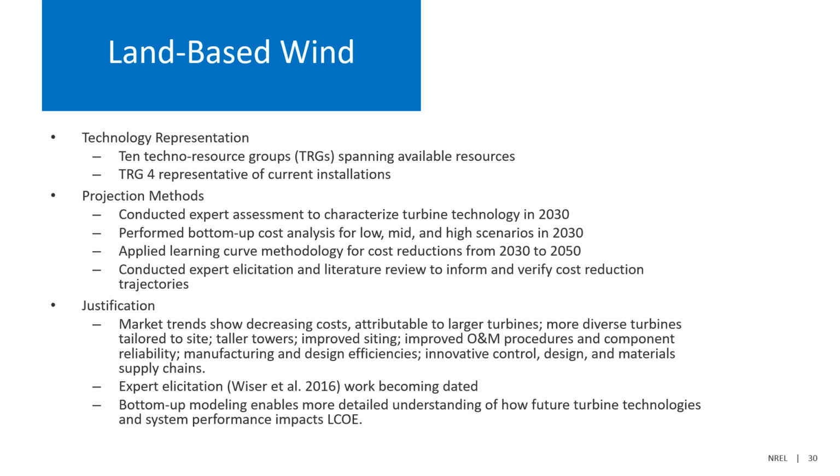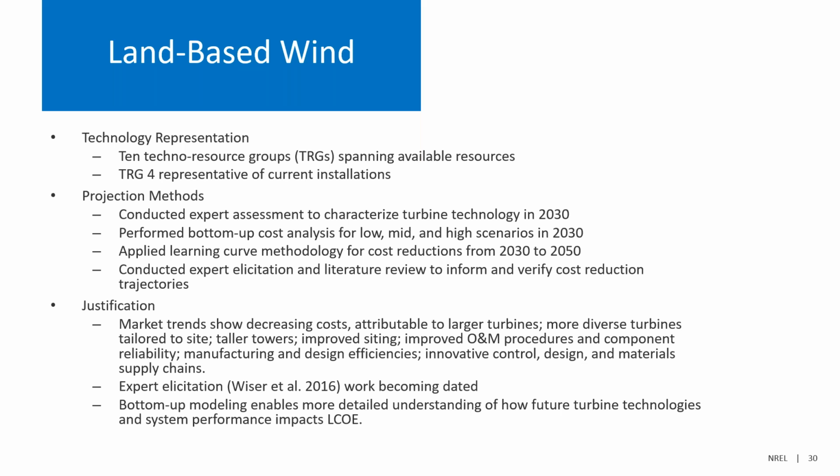Also, the updated methodologies tend to be better aligned with the recent market trends, showing cost reductions attributed to turbine scaling, with additional cost reductions from various innovations, such as advanced controls. We also see improvement in turbine design and reliability and more efficient O&M practices as well. Additionally, the bottom-up modeling approach enables better understanding of how specific innovations and technologies may impact future wind plant energy costs.